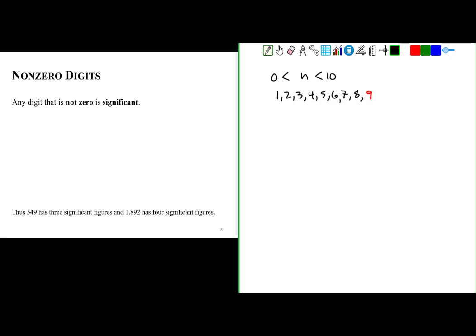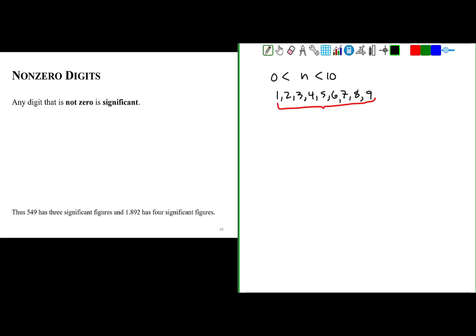Significant figures rely on our ability to determine the number of significant digits, because in order to use this convention of plus or minus 1/2 the smallest division of measure, we need to be able to count the number of significant digits. So basically, the digits that are significant always are any non-zero digit, and our non-zero digits range from 1 to 9.